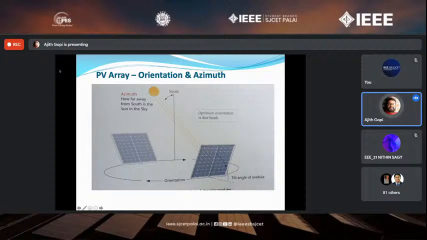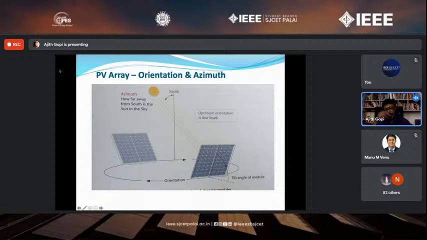In the northern hemisphere, where we are living, we face the solar modules towards south, right? Because the sun will be on the southern horizon. But in Australia, the sun will be on the northern horizon, so we face the modules north. In India, in Trivandrum, you can see the sun coming to the northern side, over our head, for some months.